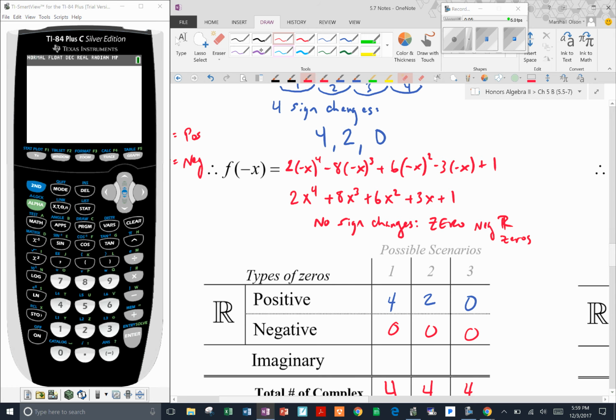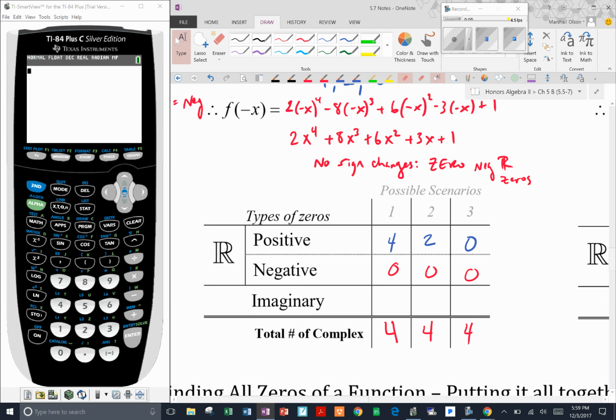So to find the imaginary, all our columns have to add up to that number of complex, which is 4 in each case. So we know 4, 4, 4. We know that the imaginary then are going to be 0 because all 4 of them are positive real. Here we're going to have 2 imaginary because 2 of them are positive real. And here we are going to have, oh, what did I do there?